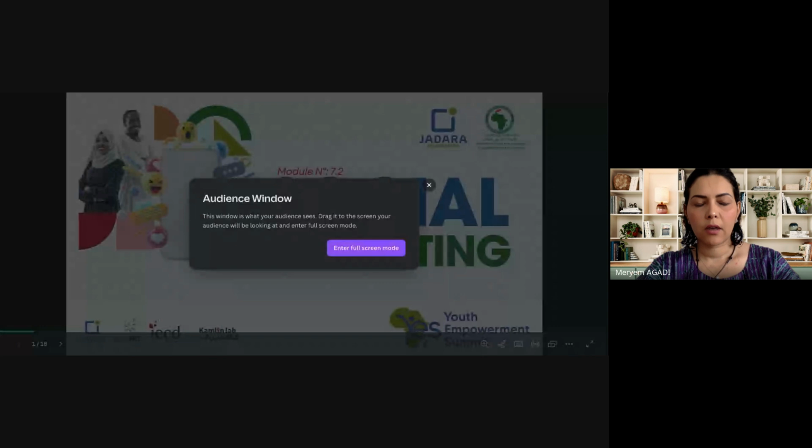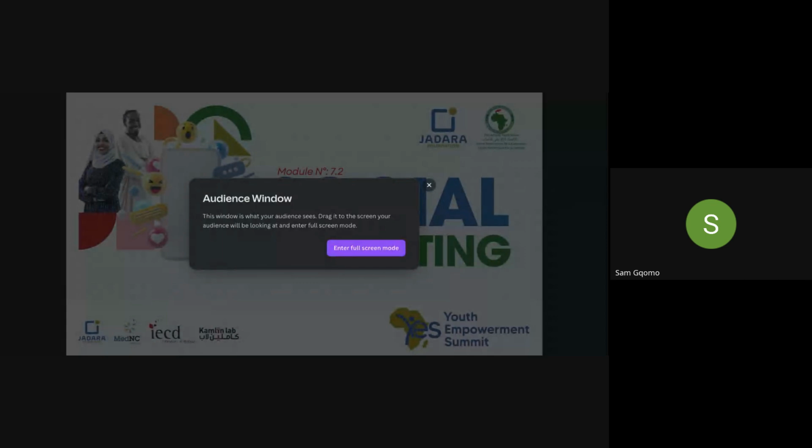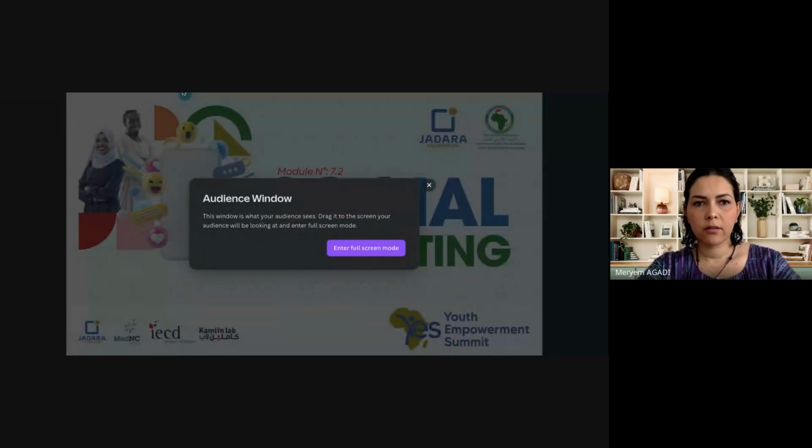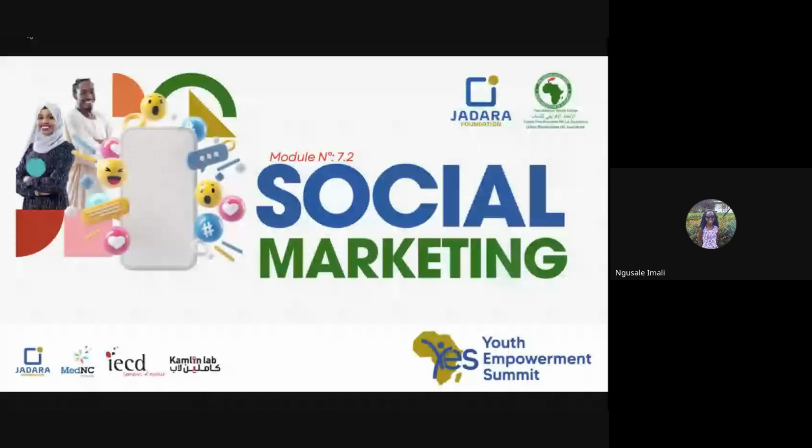Can you see the slides? Yes, we can. Okay. Actually, I cannot see the slides from my side. Here, you can see them? Yeah, I can see the slide, although there is something like an audience window. Oh, okay, now I can see it fully.